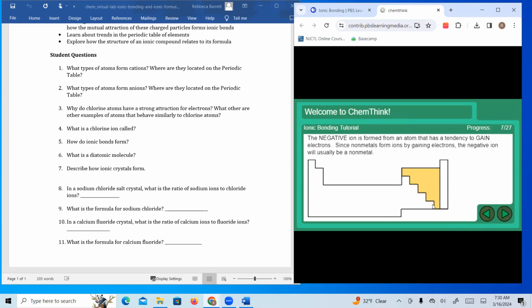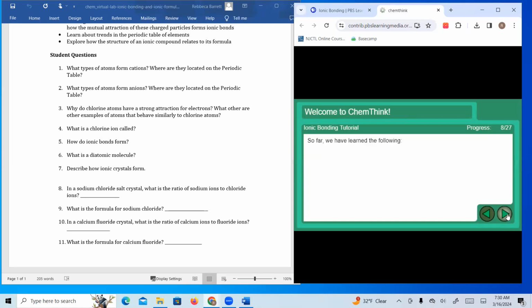The negative ion is formed from an atom that has a tendency to gain electrons. Since nonmetals form ions by gaining electrons, the negative ion will usually be a nonmetal. Atoms on the right side, or the upper right corner, of the periodic table tend to form negative ions. So here's where we're at. Metals form positive ions. Nonmetals form negative ions. So metals and nonmetals bond together by forming an ionic bond.